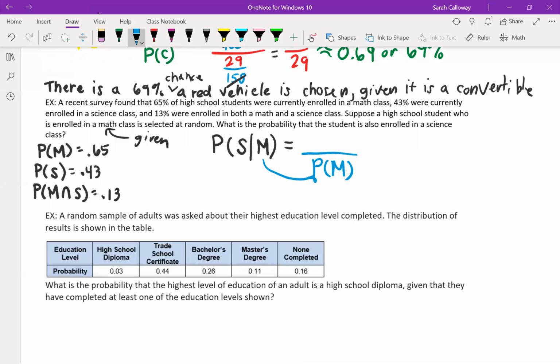The numerator is always, every single time, the intersection, so the intersection of math and science. The numerator is who's taking both math and science classes. So the probability someone is in math and science, 0.13, divided by the probability that someone was taking a math class, 0.65.